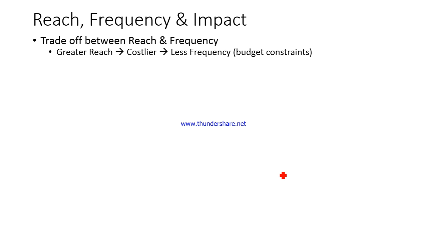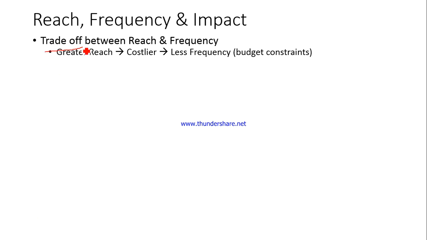But before that, we need to take a call as to what will be the reach of our promotional campaign, what will be the frequency, what kind of impact we are aiming at, and see there is a certain trade-off between reach and frequency. What do we mean by a trade-off? Trade-off means you cannot have the best of both the worlds.